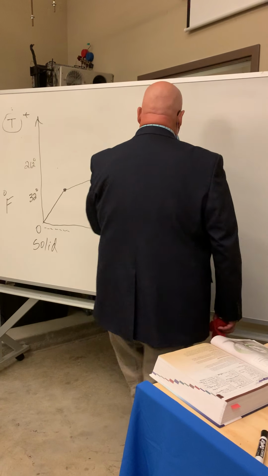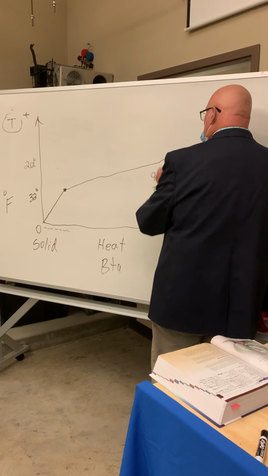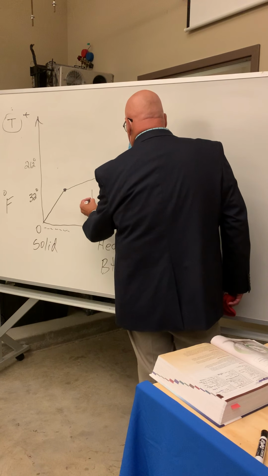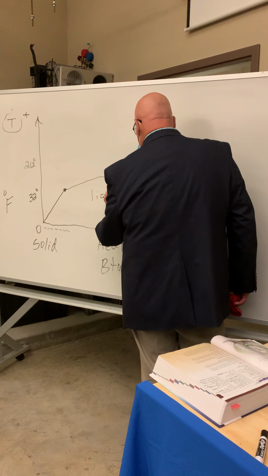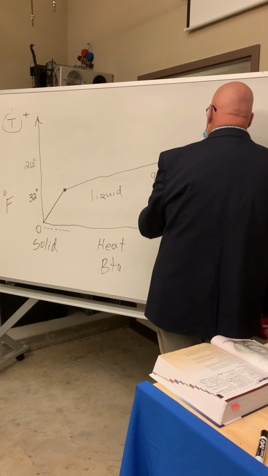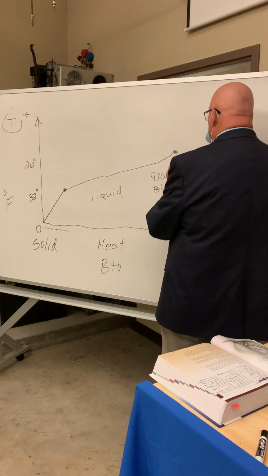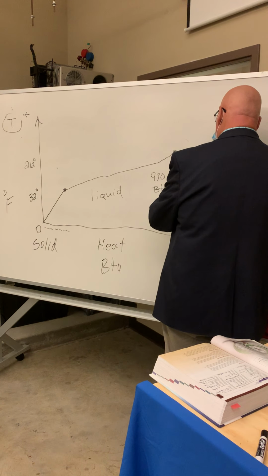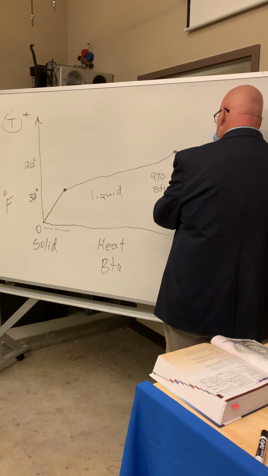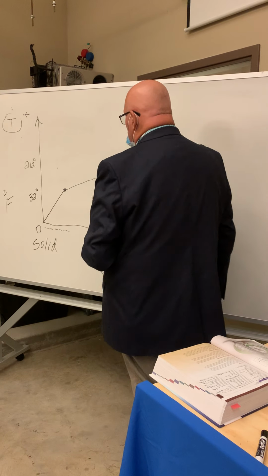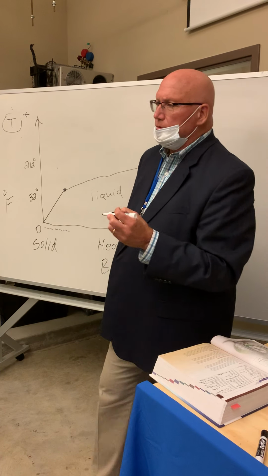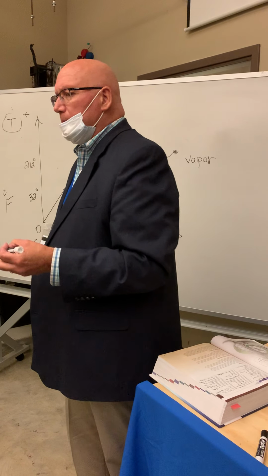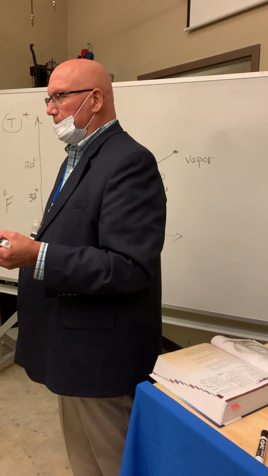At this point, solid, liquid, and now it's going to be the steam, or what we call the vapor. So the temperature and the heat are two different things, but they are highly correlated.